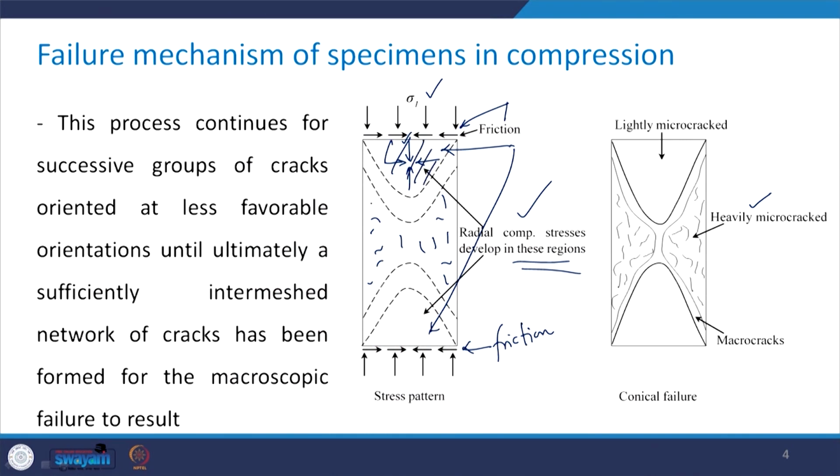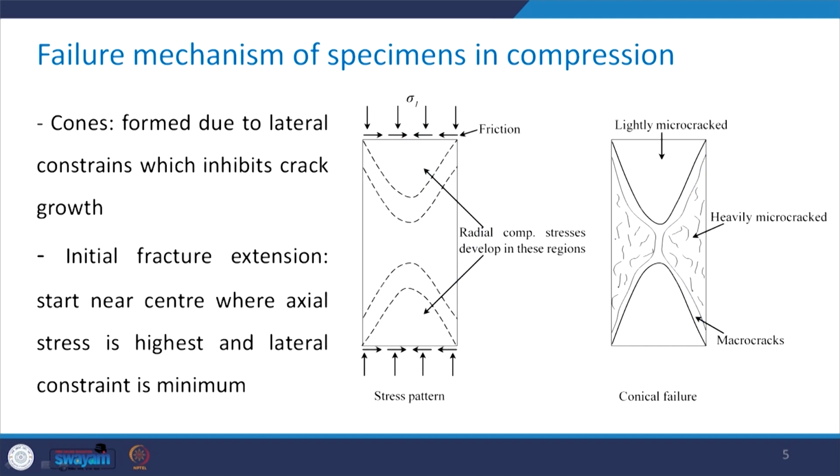They will only be restricted to the situation shown here, with the zone marked as heavily micro cracked on either side. So, these cones once again, because of the lateral constraint, will inhibit crack growth in these conical zones. Therefore, these cracks will not enter into this.